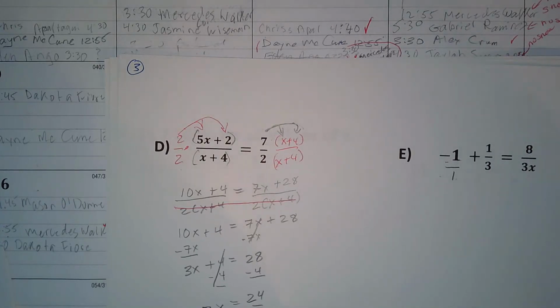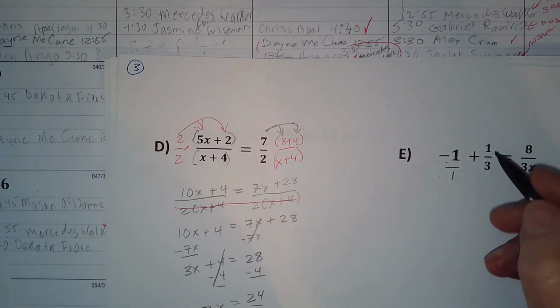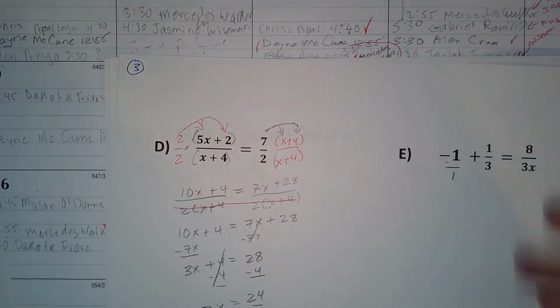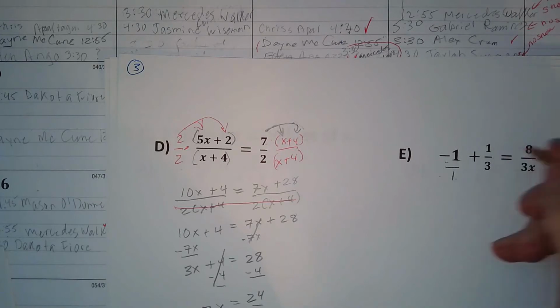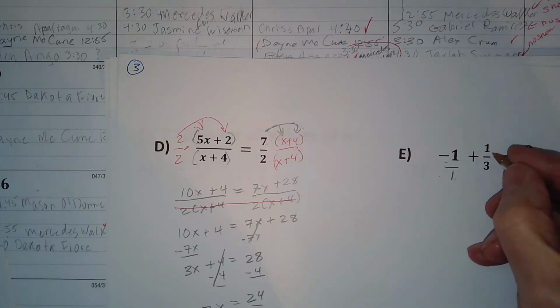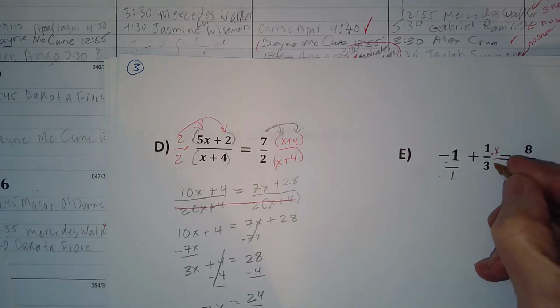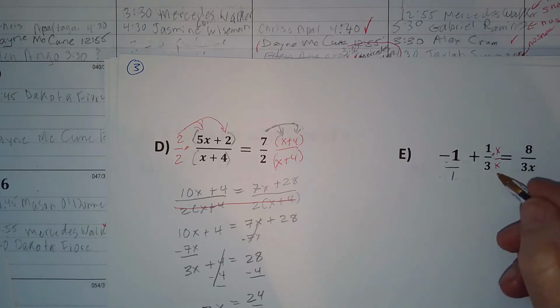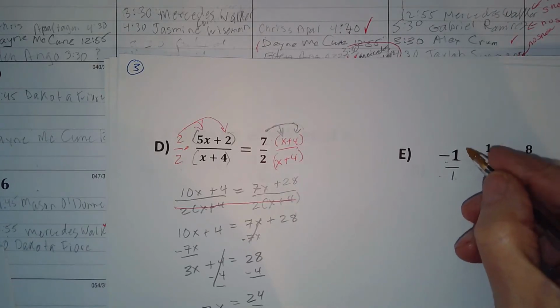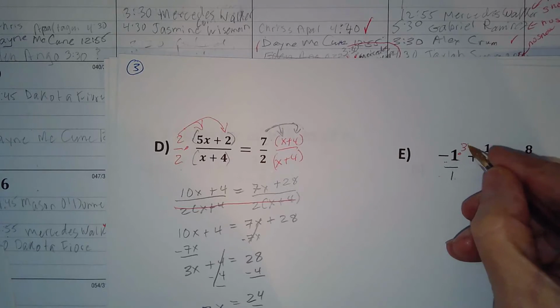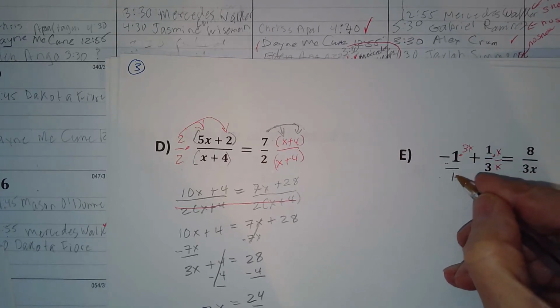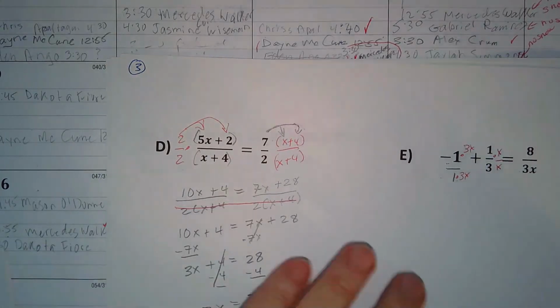So really all I have to do is, this is 3 times x. Over here I have to go ahead and multiply the numerator and the denominator times x over x. And so I'll have to get 3x as this denominator, and then I have to multiply this times 3x and this times 3x. All right?